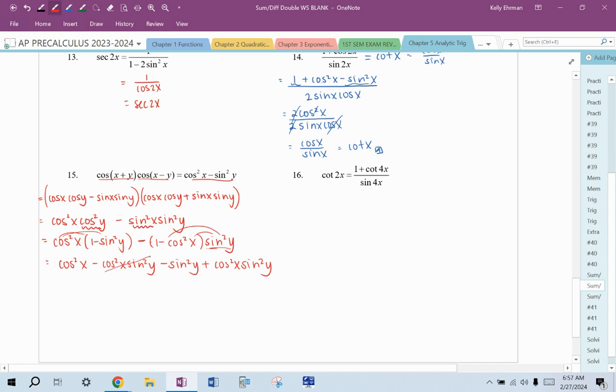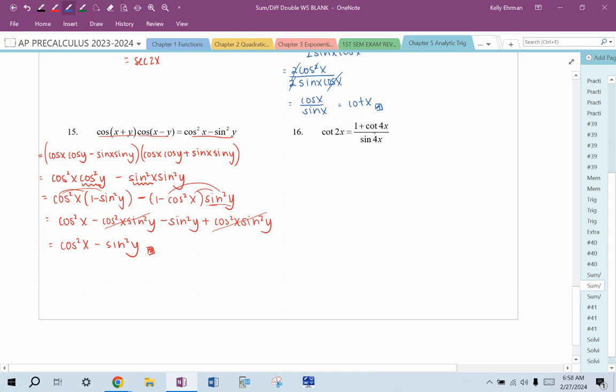Minus cosine squared x sine squared y cancels with the positive version, and we're left with what we want. So again, if you have some things that you want to keep and other things that you don't want to keep, take the things you want to get rid of and use usually a Pythagorean identity or something to replace it.